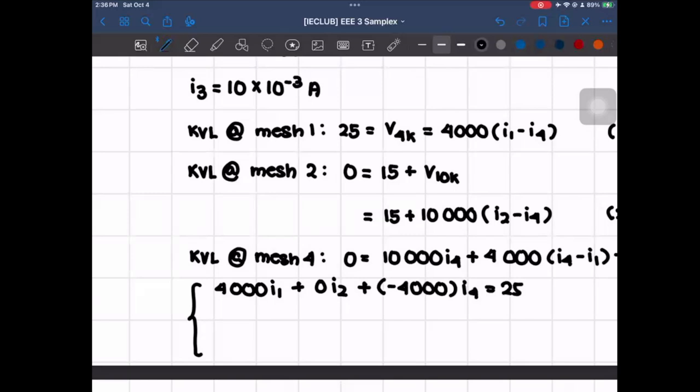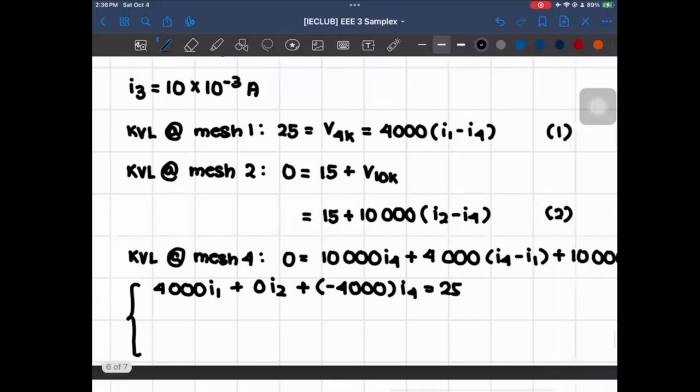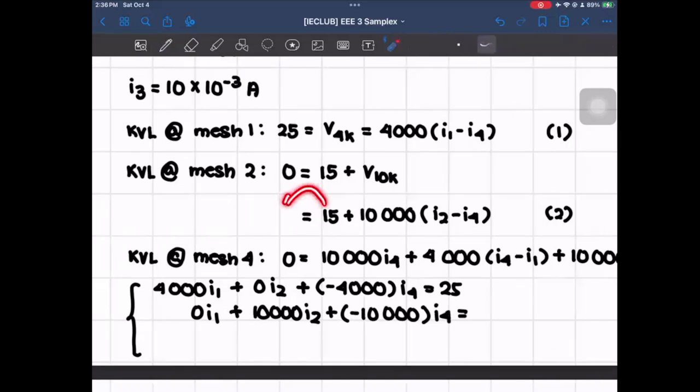And then for our second equation, our I1 is 0, so 0 I1. Then plus 10,000 I2. And then our I4 is plus negative 10,000 I4, which is equal to, if we isolate our constants, negative 15. That's our second one.